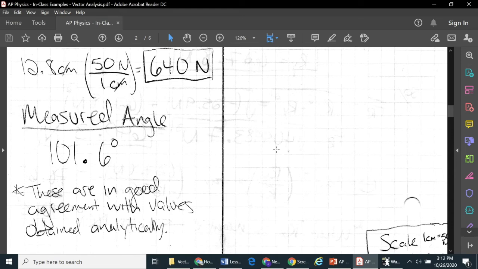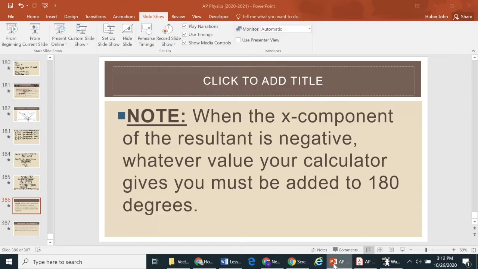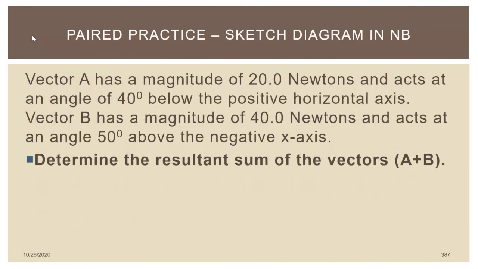And so it works. For the next example, and this will be the last one we'll do for the day, I want you to try this one. This one says vector A has a magnitude of 20.0 newtons and acts at an angle of 40 degrees below the positive horizontal axis. Vector B has a magnitude of 40.0 newtons and acts at an angle of 50 degrees above the negative x-axis.